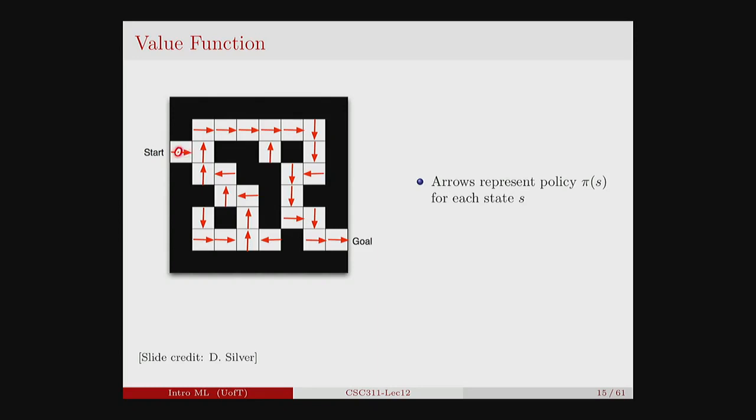So agents that are in this state are going to move here. If you're in this state, it's saying move up. So when you apply pi to your current state, you will get a new action A_t. And that action is given to you by these arrows. So that's what this diagram is telling you.